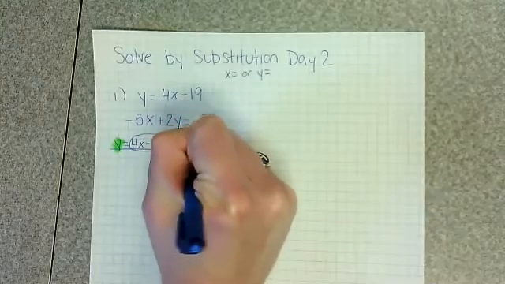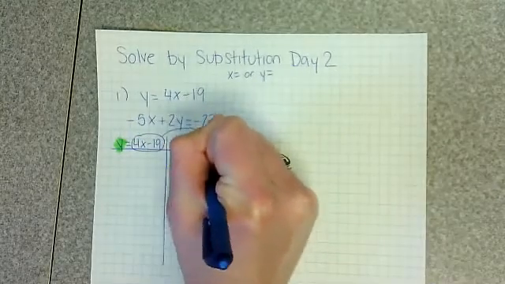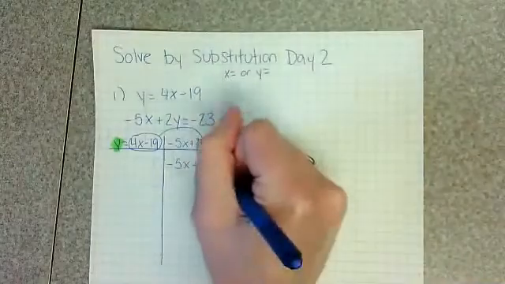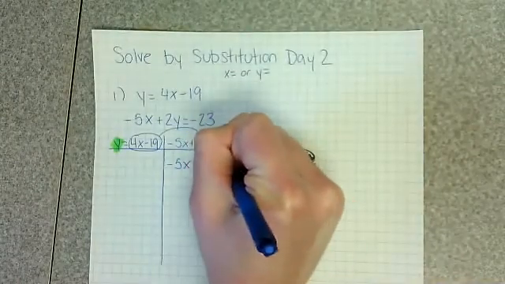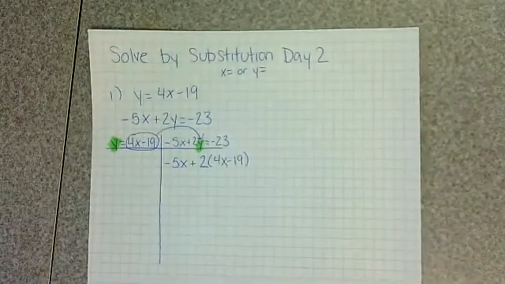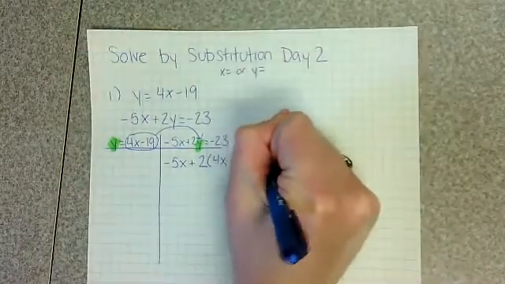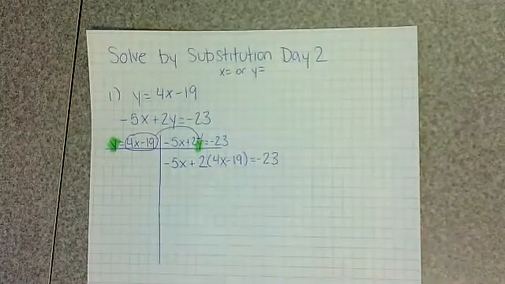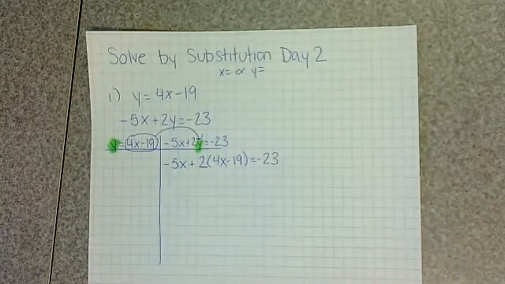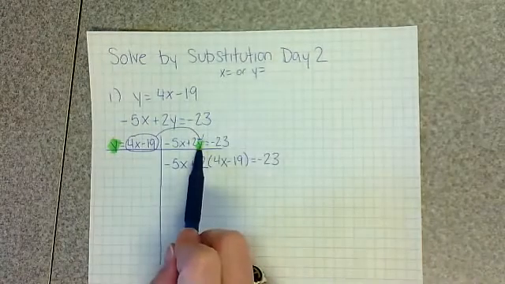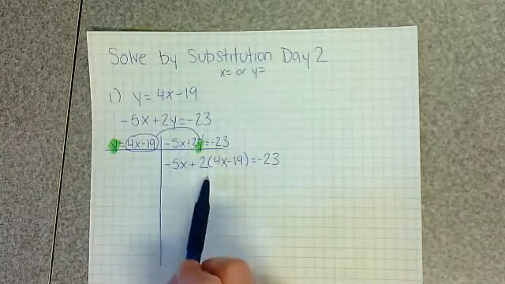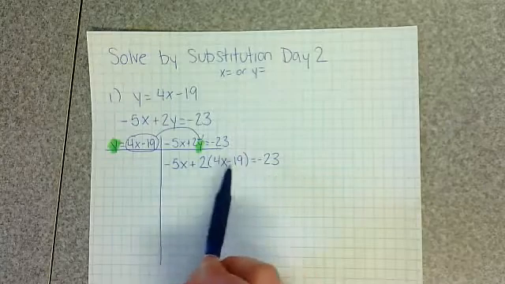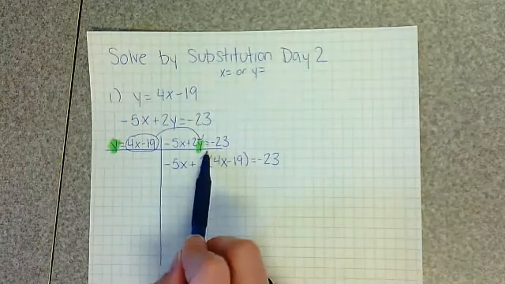So I have negative 5x plus 2 times the quantity 4x minus 19 is equal to negative 23. The only thing that is changing is what's going in for y. Notice my negative 5x still there, my 2 still there, my negative 23 still there. The only thing changing is the y.